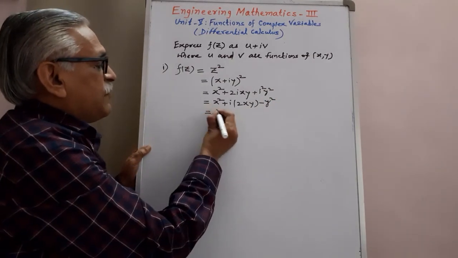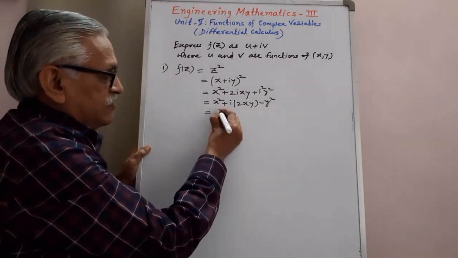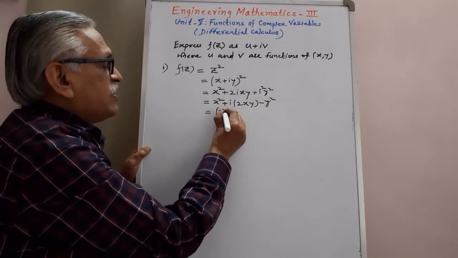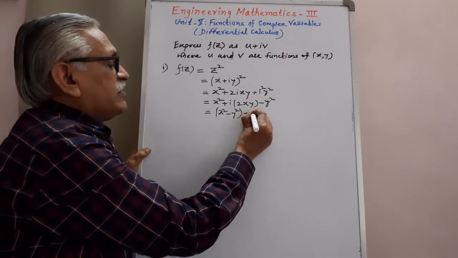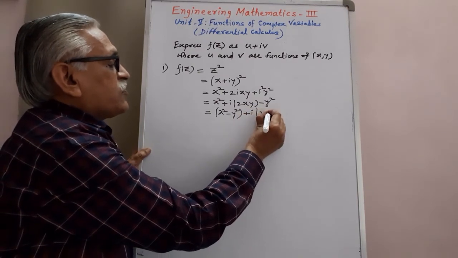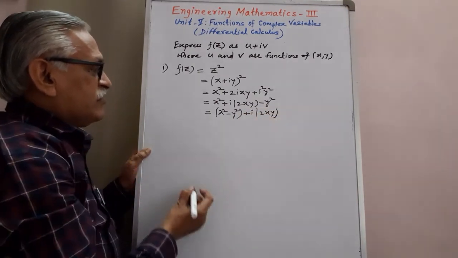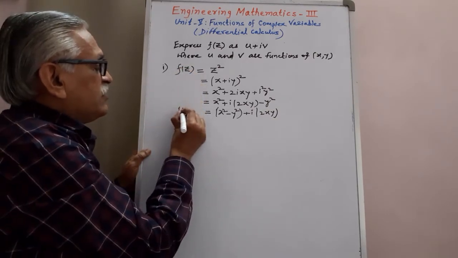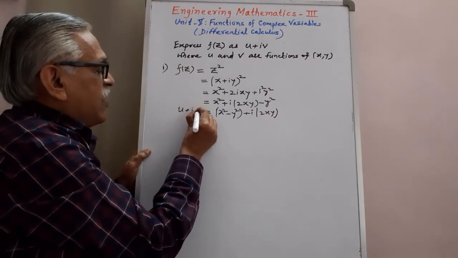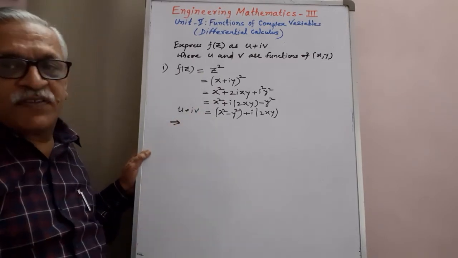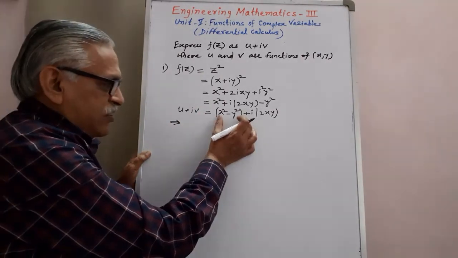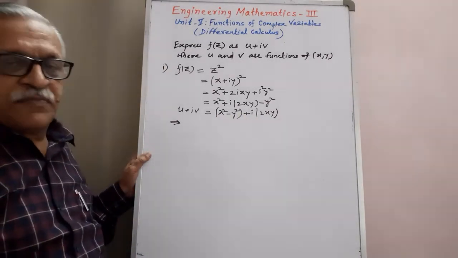Then separating real terms in one bracket, x square minus y square is the real term, and i times 2xy is the imaginary term. f of z is u plus iv, so on the left hand side we have the complex number u plus iv, and on the right hand side we have another complex number.